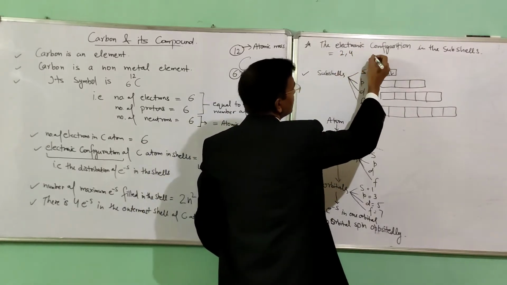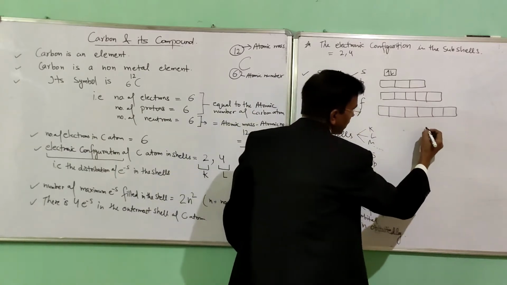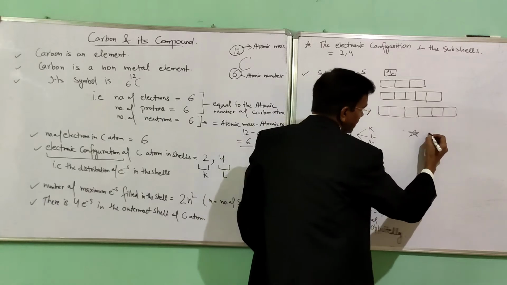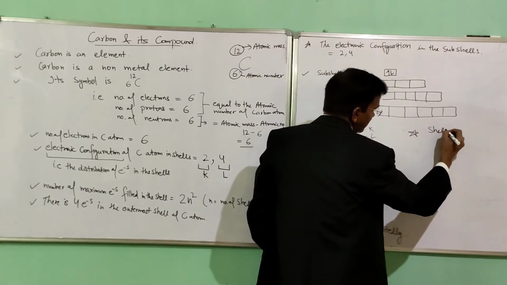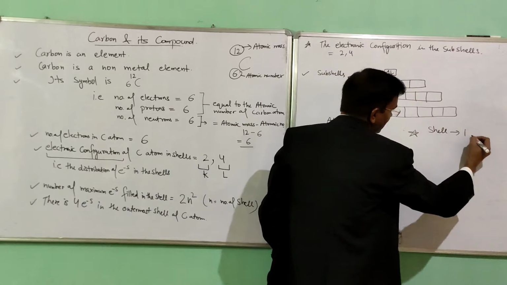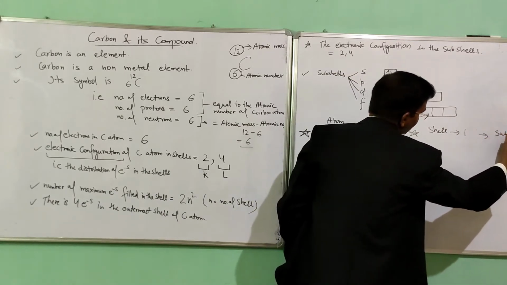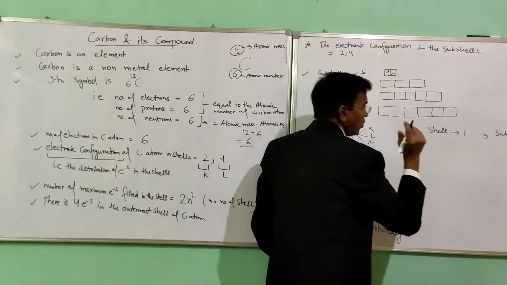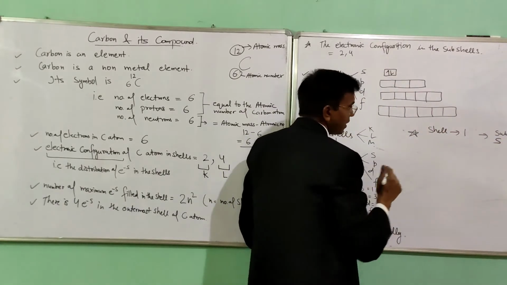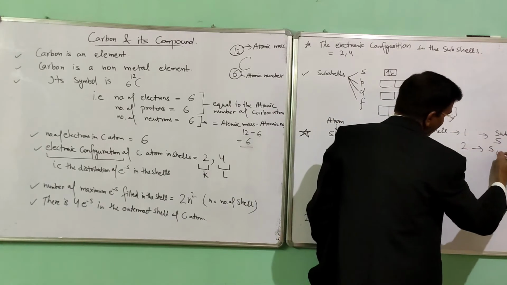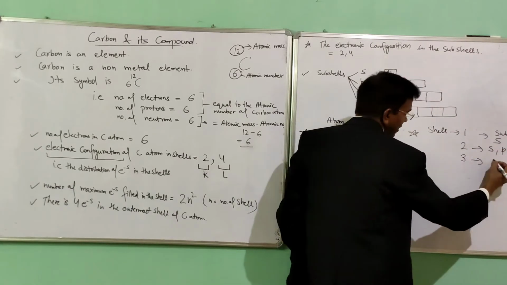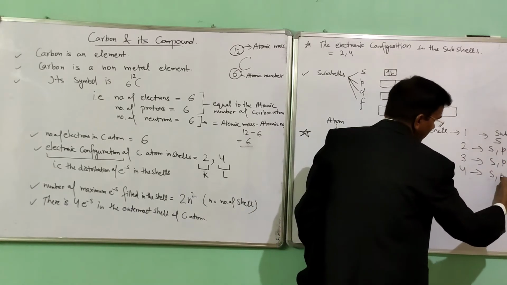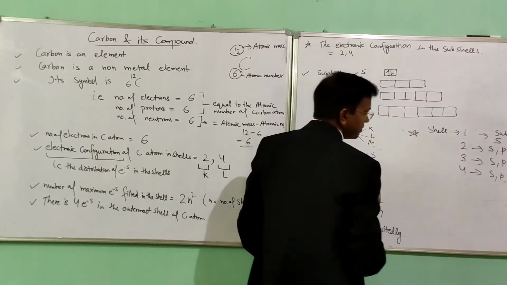One more point: in the first shell there is only the S subshell, in the second shell there are S and P, in the third shell there are S, P and D, and in the fourth shell S, P, D and F are present.